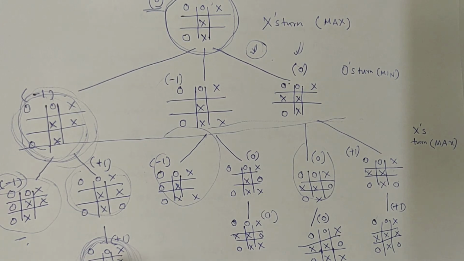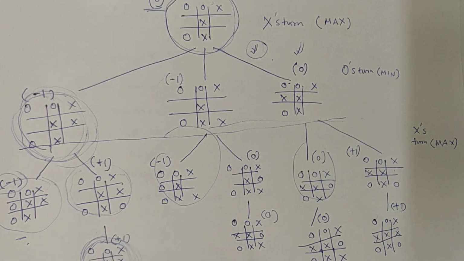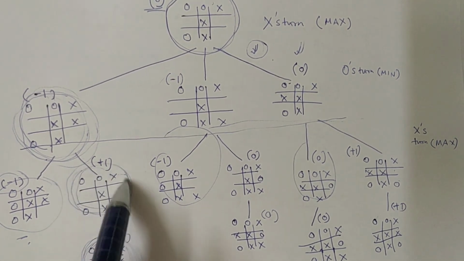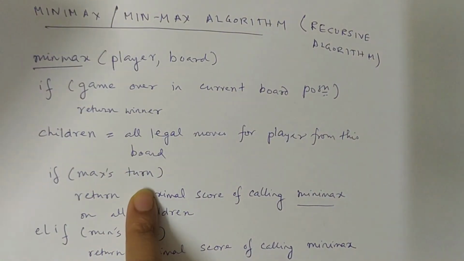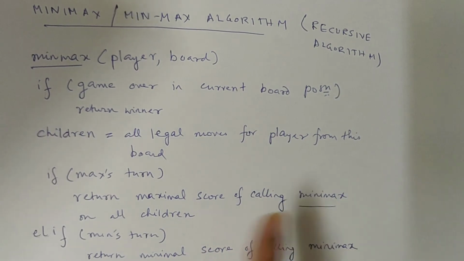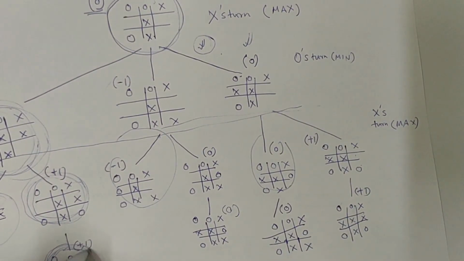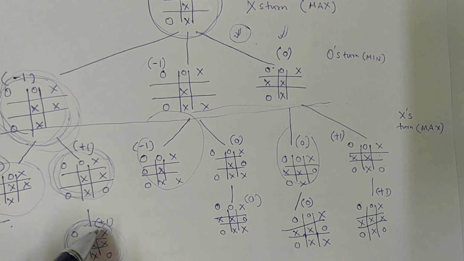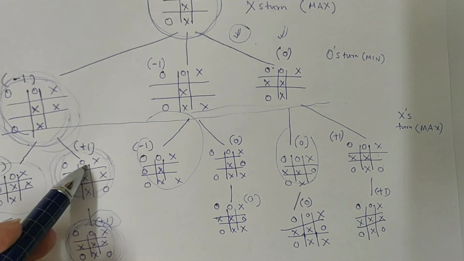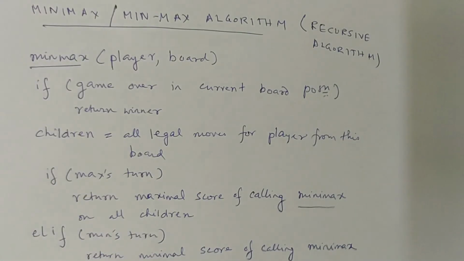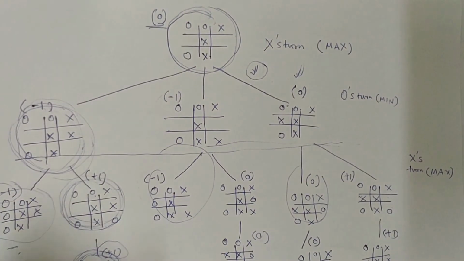Now, is this a terminal board position? Yes. What is its value? +1. So this state says, if it is Max's turn, return the maximal score of calling minimax on all children. I called minimax on the child. It returned a value of +1. What is the maximal value? +1. So this node gets a maximal score, and this score is now returned.